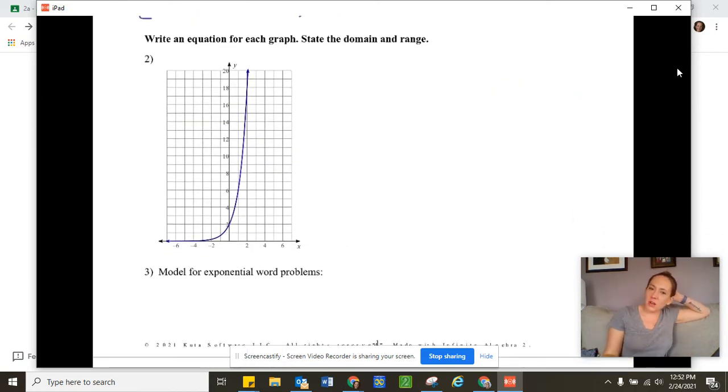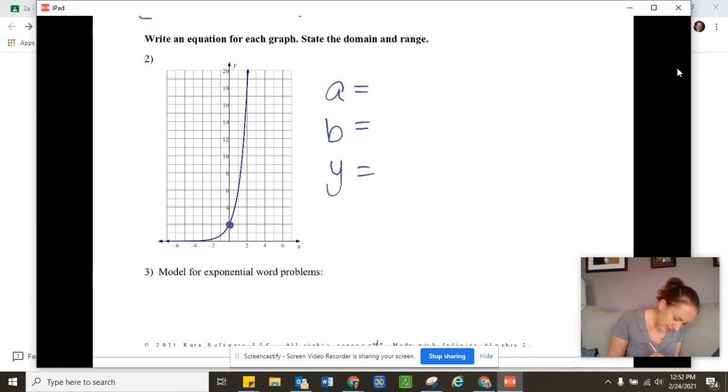As far as writing equations, I need my A and my B, and that'll set me up to do my y equals for my equation. The A is the y-intercept, which in this case is 2. Then I look for other points that cross at the corner of a box, because then it's a whole number, not a decimal.